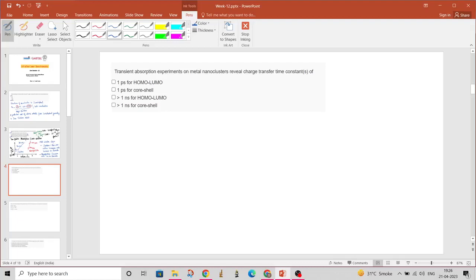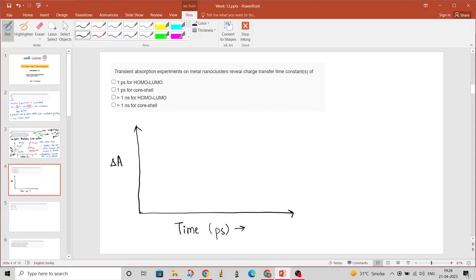So the answer to this is given by, let me draw the transient absorption graph. In transient absorption, the y-axis is delta A, delta OD. Here is the time delay in picoseconds.